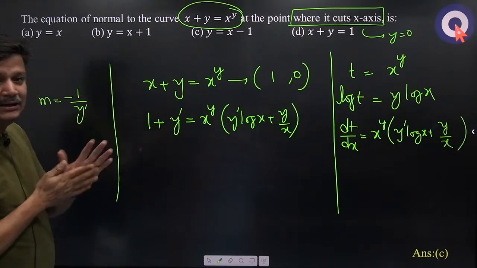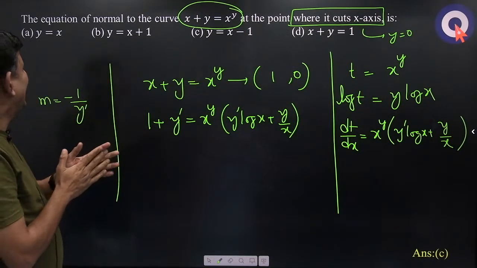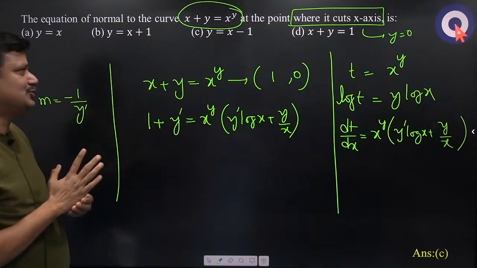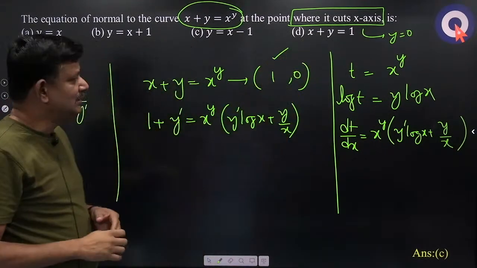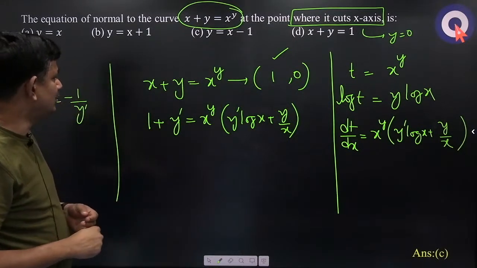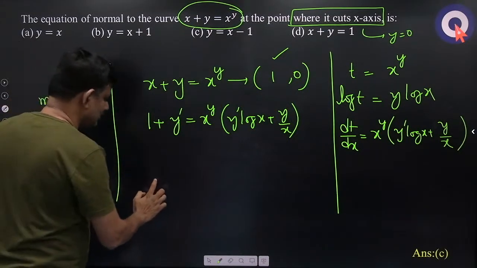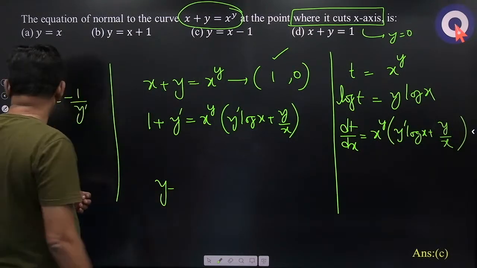So we are finding the equation of the normal at the point 1 comma 0.